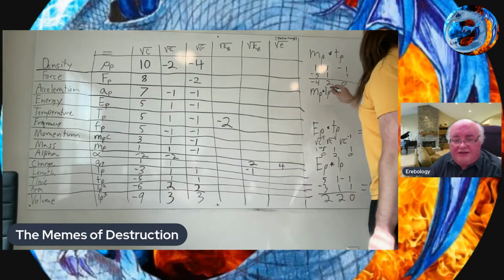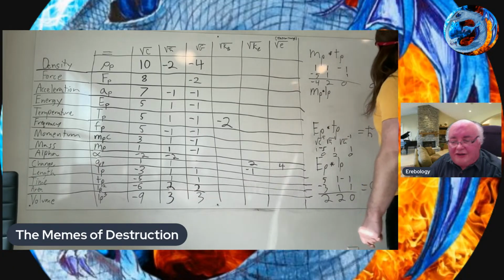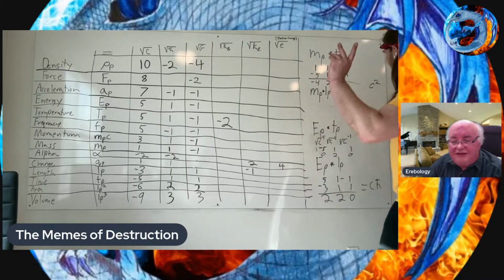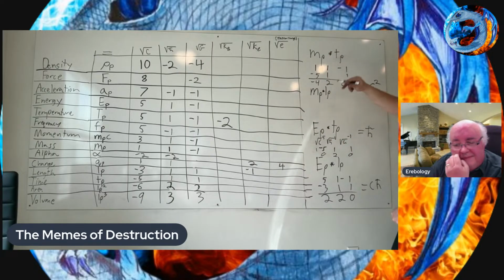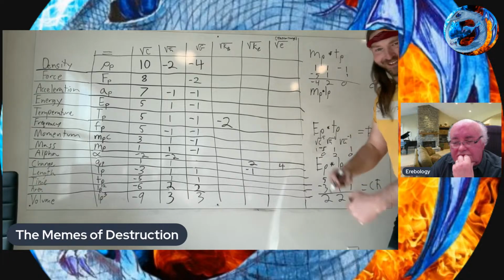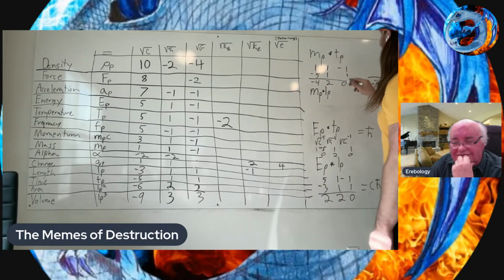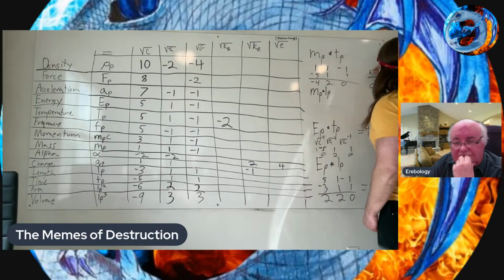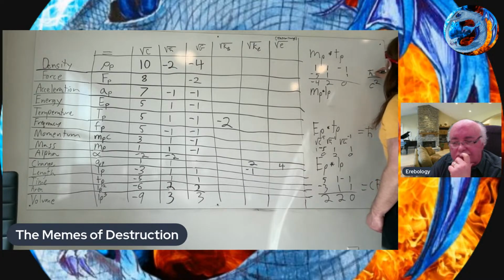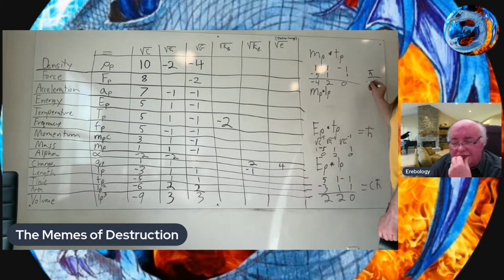You got it, it's -4, so that would be 2. Rick, you're a good teacher. And then that's going to be H bar over C squared. Oh, that's neat.